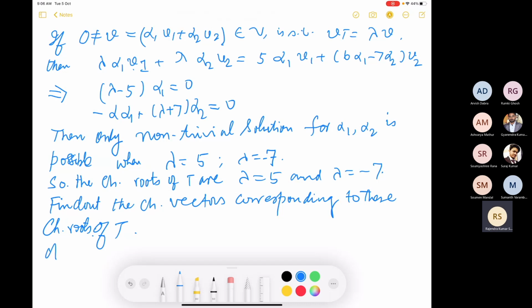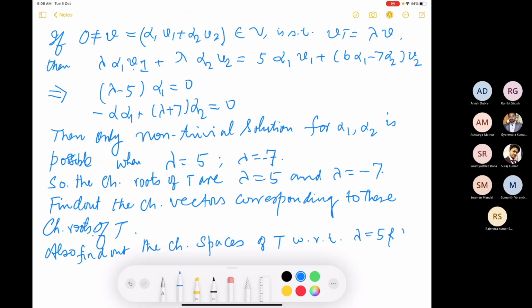Also find out the characteristic spaces of T with respect to lambda equal to 5 and lambda equal to minus 7.